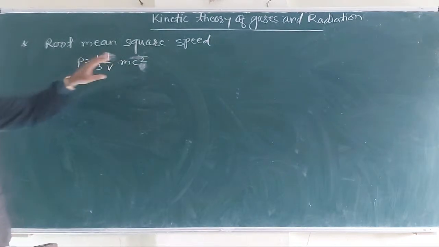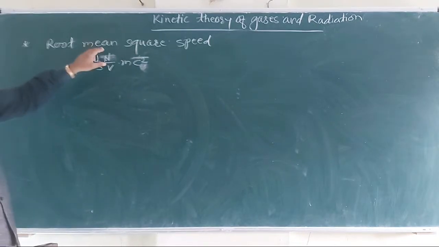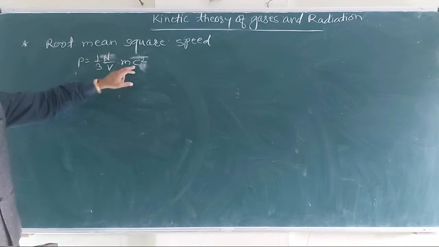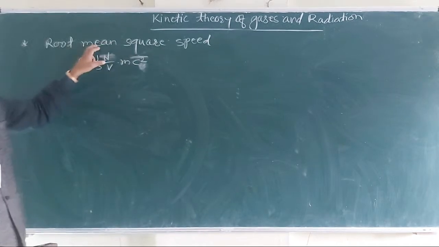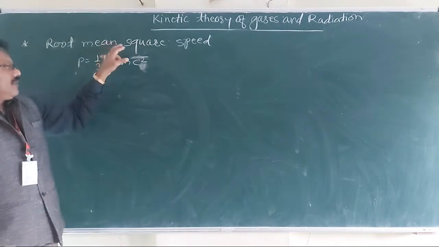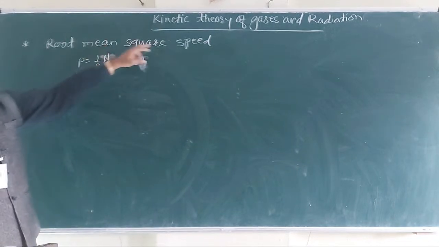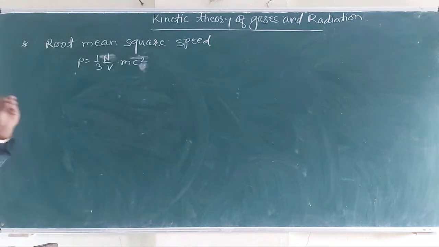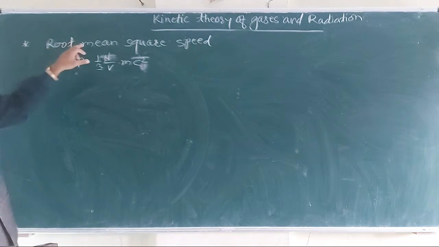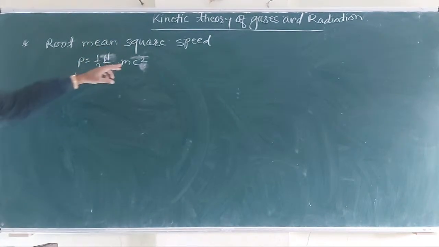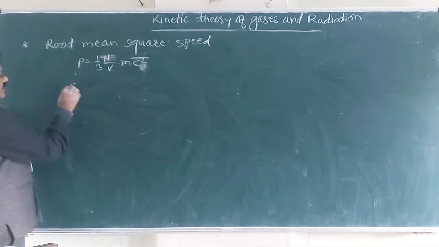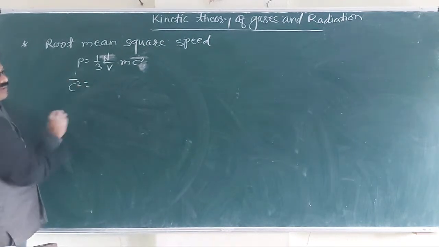Actually this c square bar shows the mean square speed. C square bar gives the mean square speed, and the square root of this mean square speed is called the root mean square speed, or it is also called the root mean square velocity.